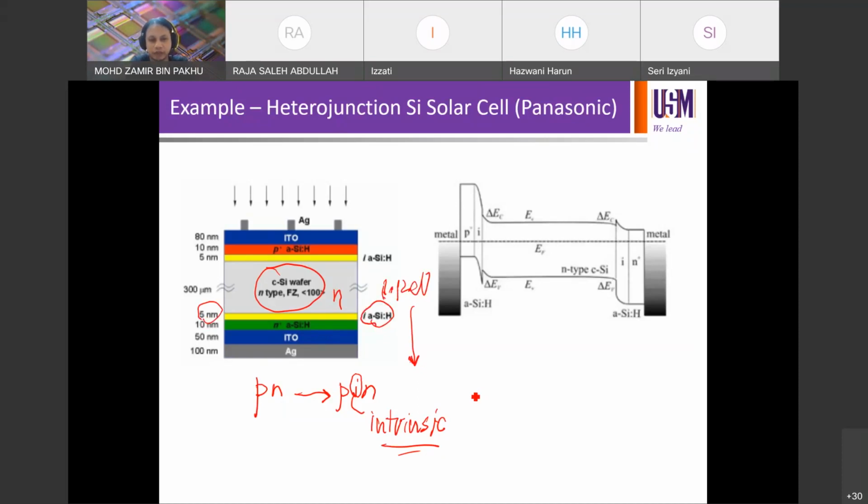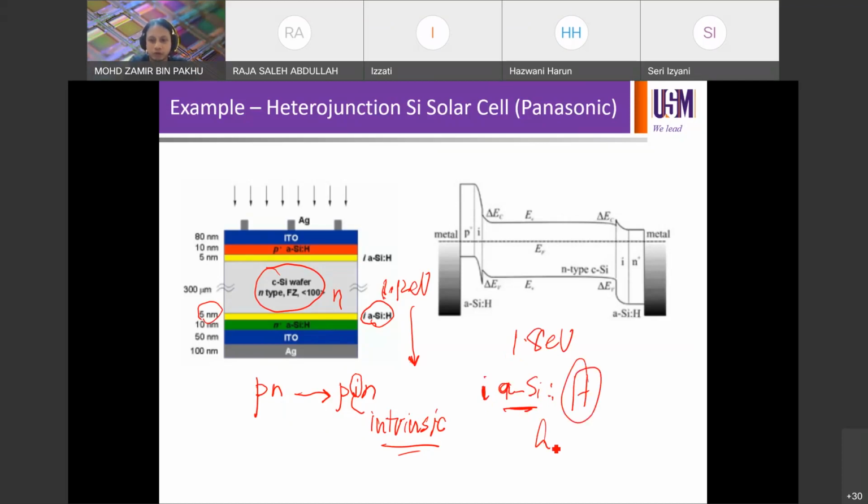So H here means hydrogenated. I here means intrinsic, so it can also be n-type or p-type, but in this case, it is intrinsic amorphous silicon, amorphous 1.8 electron volts, right? So it's already a heterojunction then.